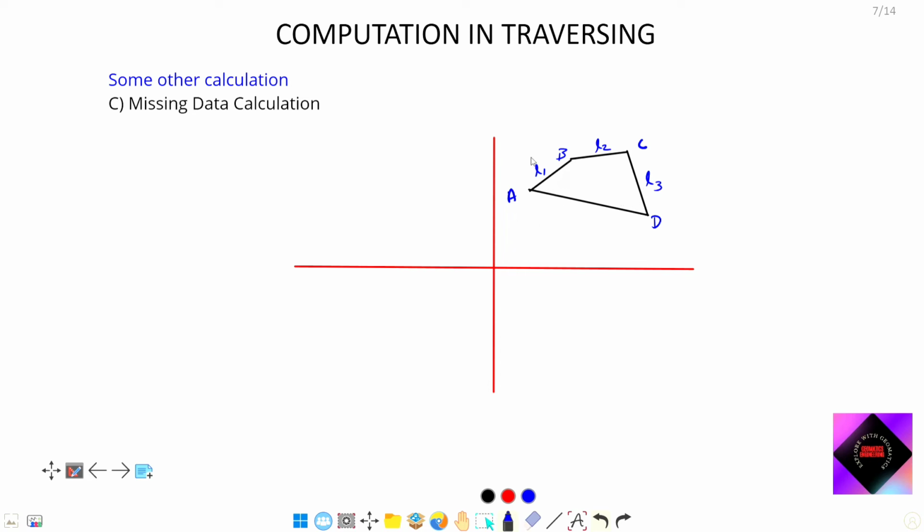For these lines, I have lengths and bearings also: theta 1, theta 2, theta 3. We don't know anything about line DA.